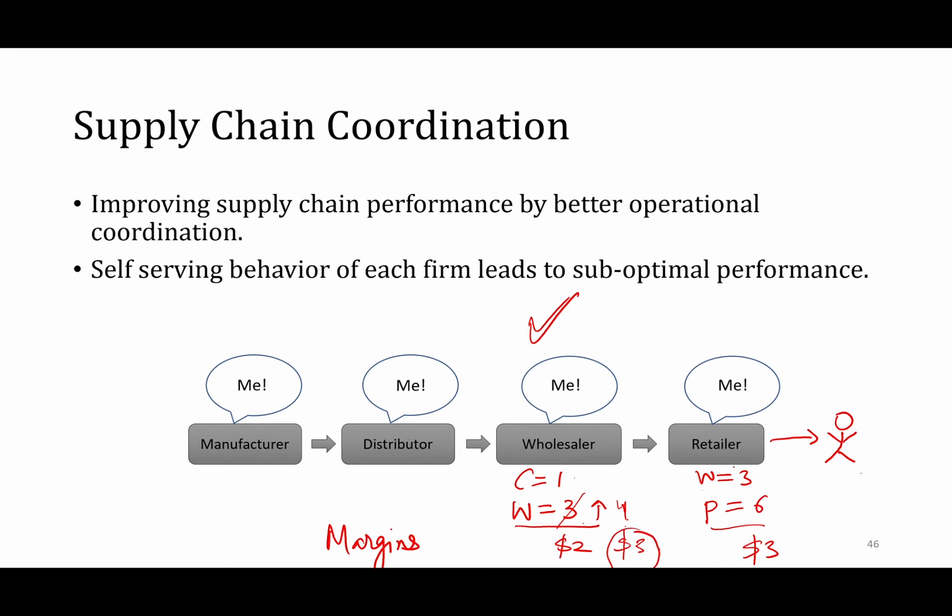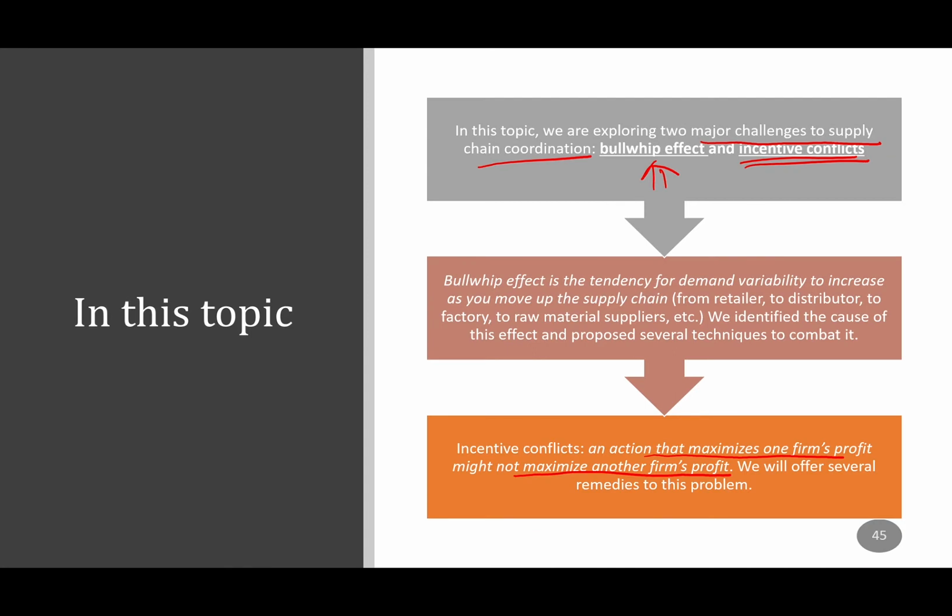But what happens? If you start selling it for $4, then of course the retailer has to buy it for $4, and their margin reduces to $2. So what's happening? The wholesaler's incentive is directly clashing with the retailer's.